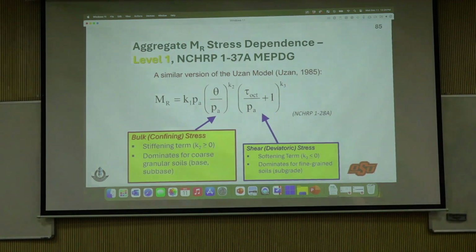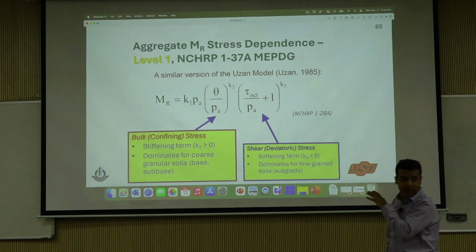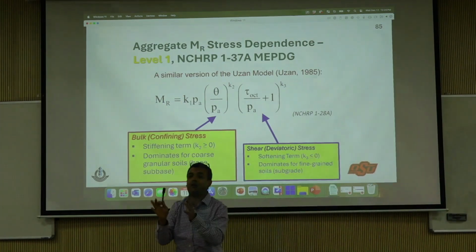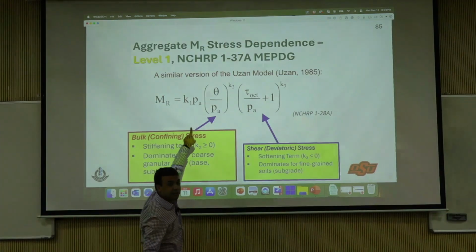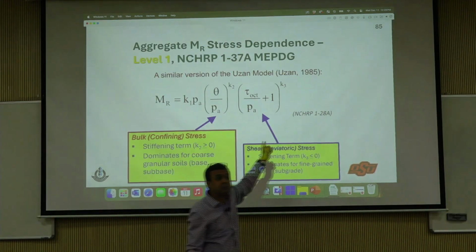In our tutorial today, we're going to look at all three. We're going to do K theta, we're going to do Uzan, we're going to do MEPDG. Question, Atanu, were you raising your hand? No. We're going to raise all of that. In this case, pay very close attention to your model formulations. There is a PA here. You are multiplying by PA. So what is the unit of K1?